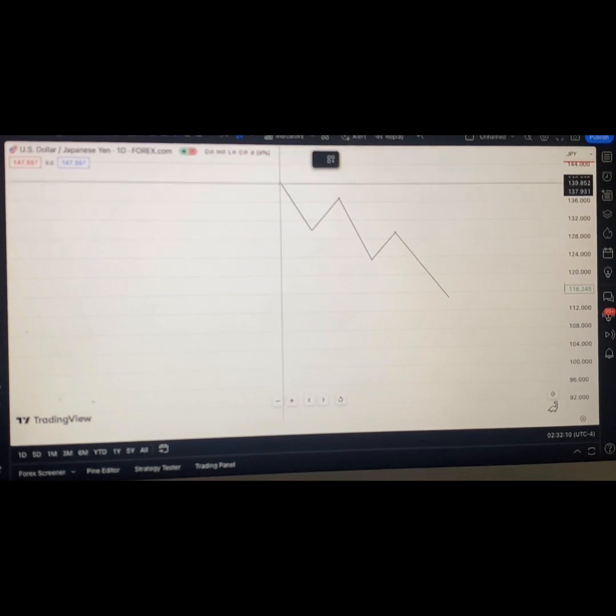You see this first touch, let's make it a resistance zone. This is a resistance zone up here. We'll take our trend line, we'll draw, you see it, let it touch two resistance zones, 1, 2.